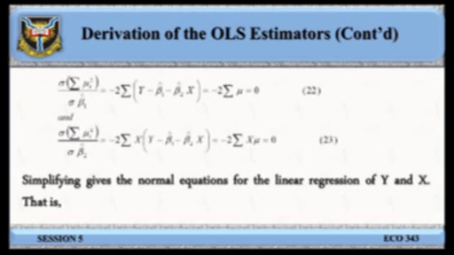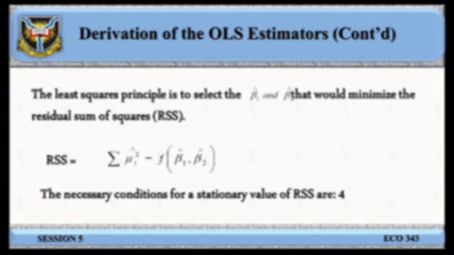Each pair of beta 1 estimator and beta 2 estimator values defines a different line and hence a different set of residuals. The residual sum of squares is thus a function of beta 1 estimator and beta 2 estimator. The least squares principle is to select the beta 1 estimator and beta 2 estimator that would minimize the residual sum of squares, RSS.